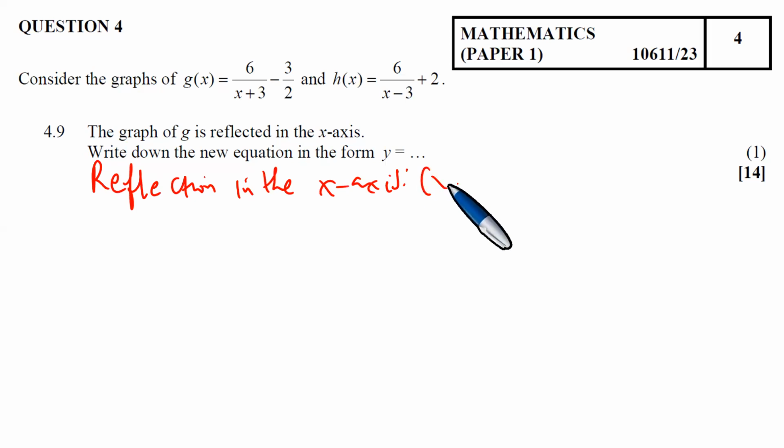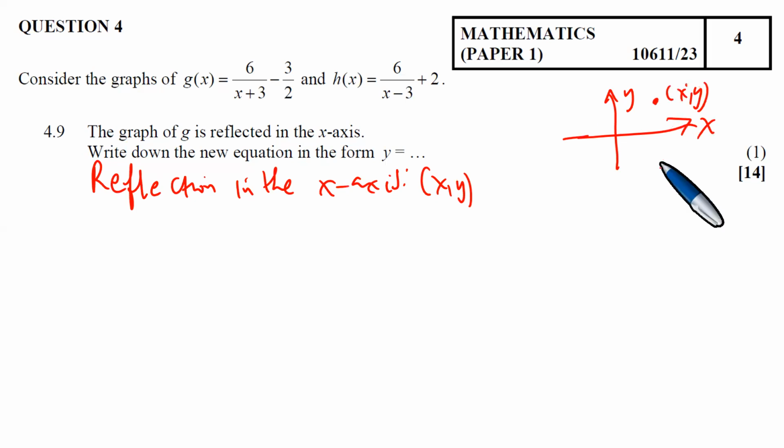Means that a point xy, okay, if you look at what happens in the plane, this is the coordinate system, the Cartesian plane. I take a point here whose coordinates are x and y. I reflect it to a point here, and this one is going to become what? X is going to remain the same, but y is going to become negative.